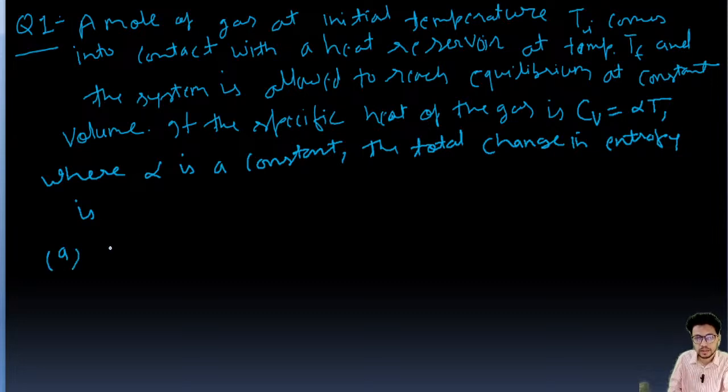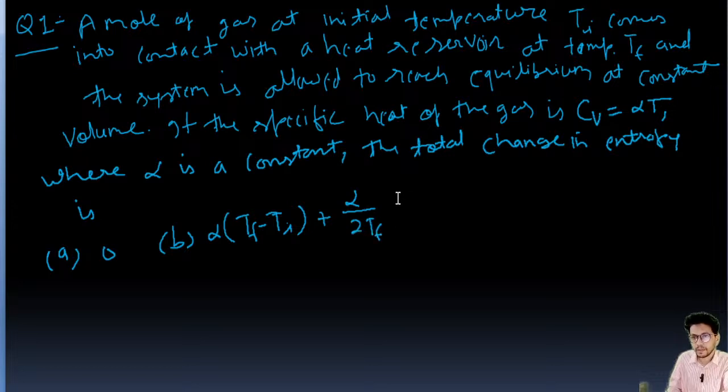Option A: 0. Option B: alpha (Tf minus Ti) plus alpha upon 2Tf into (Tf minus Ti) whole square. Option C is alpha (Tf minus Ti).